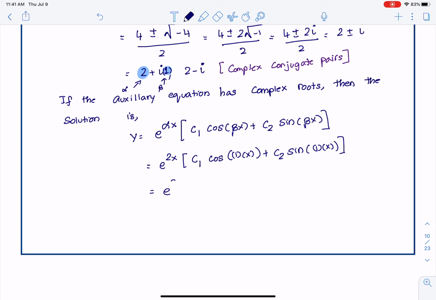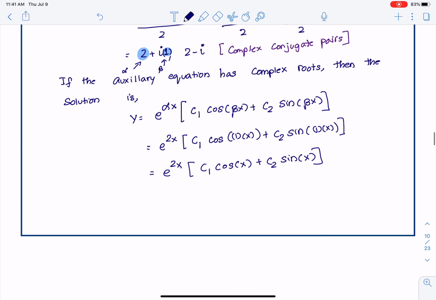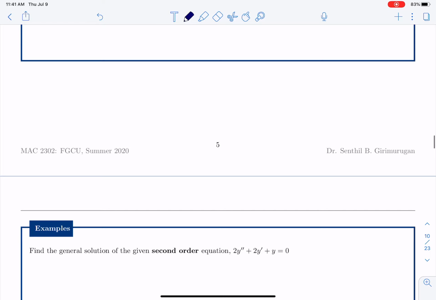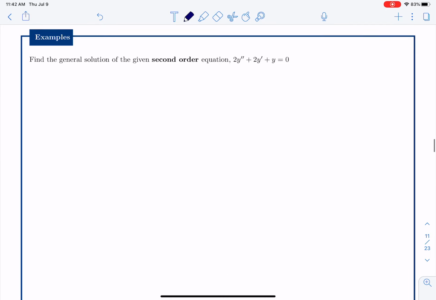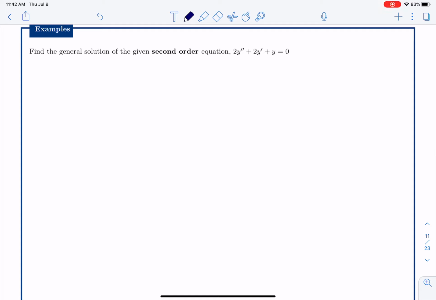So we get e raised 2x times c1 cosine x plus c2 sine x. And that is it. And you could try at home to see if it satisfies the equation. It will satisfy the equation.